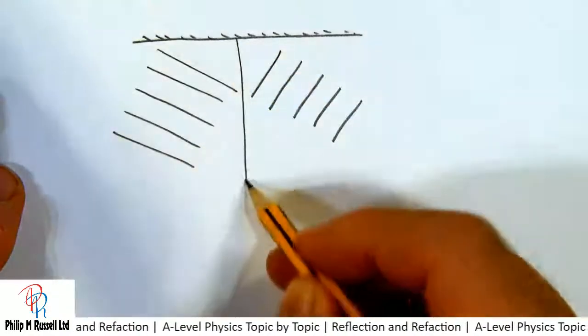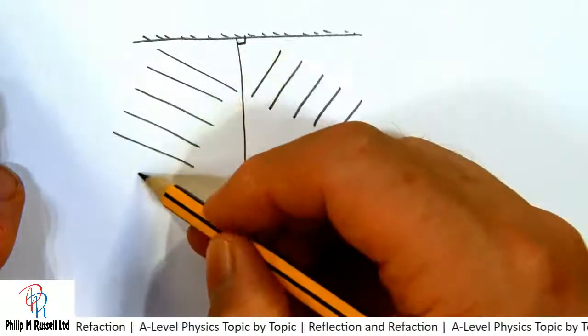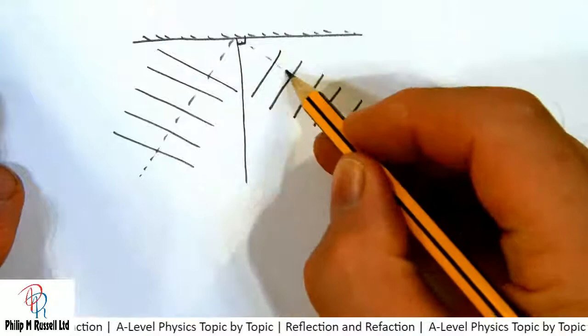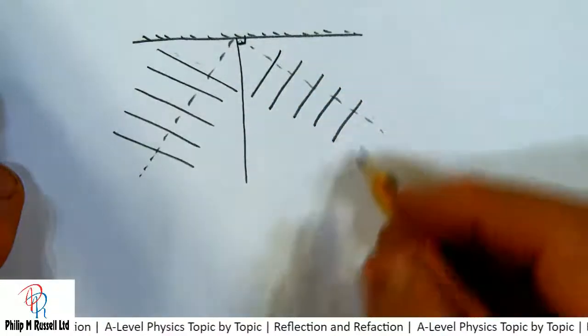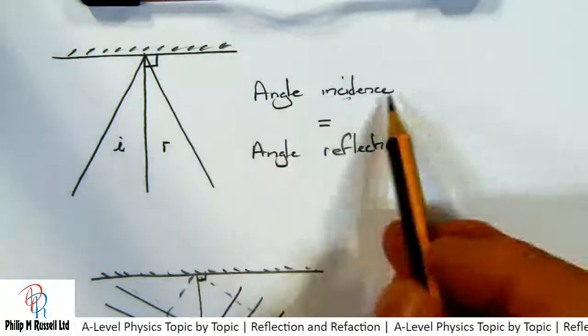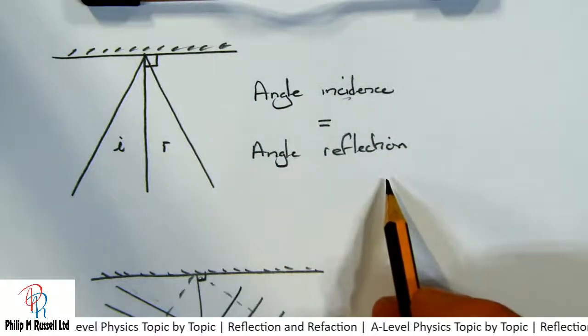We've got our normal, and we can measure the angle going in and the angle going out, and we find exactly the same, that the angle of incidence equals the angle of reflection.